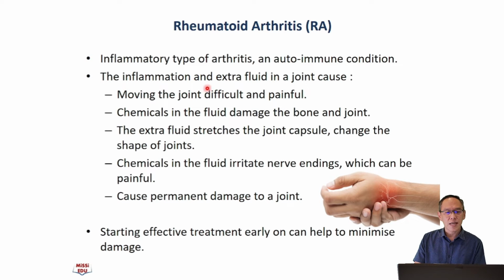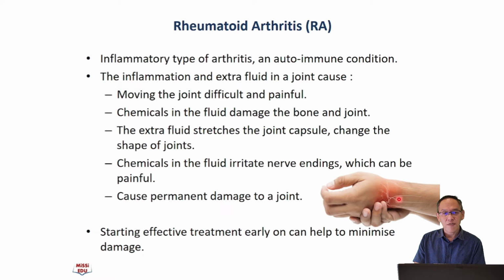The inflammation and extra fluid in the joint make moving the joint difficult and painful. Chemicals in the fluid damage the bone, eroding the bone and the joint. This extra fluid also stretches the joint capsule and changes the shape of the joint. These chemicals also irritate nerve endings and cause severe pain as well. It can cause permanent damage to the joint.